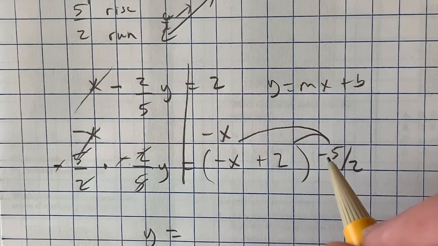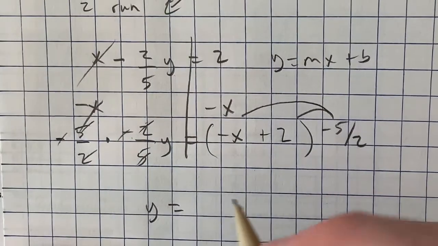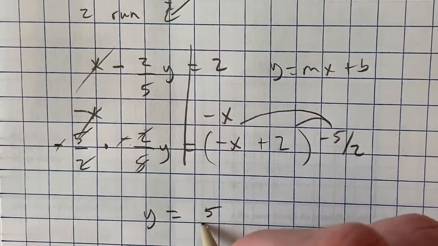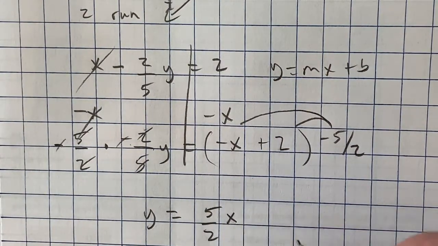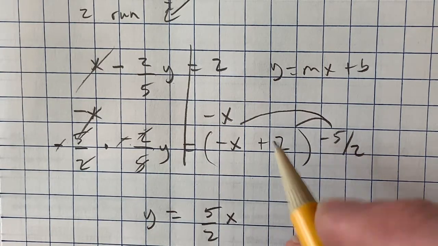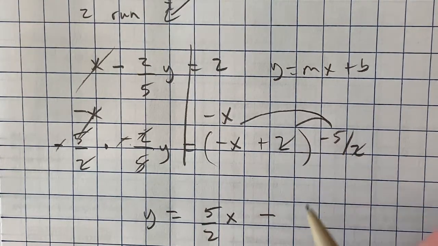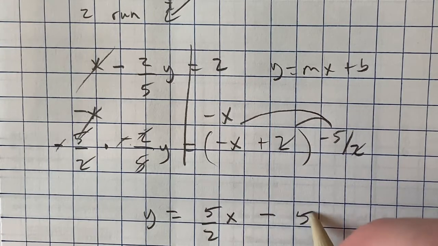So negative 5 over 2 times negative x, well, negative times a negative is a positive. So I'm going to get 5 over 2x. And then a negative times a positive is a negative. This 2 and this 2 are going to cancel each other off, which leaves me with a 5.